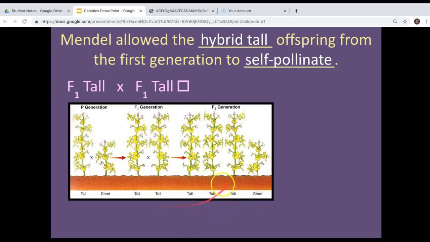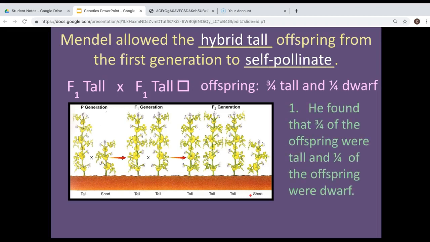He ended up with 3 tall plants and 1 short plant. Very interesting. So go ahead and write this. He found that 3/4 were tall and 1/4 was dwarf. So 1 out of the 4 was a dwarf plant. So number 1 here, it's written for you. He found that 3/4 of the offspring were tall and 1/4 was dwarf.